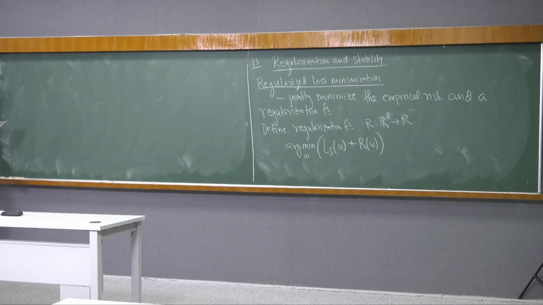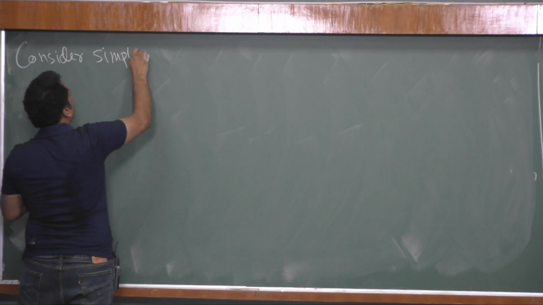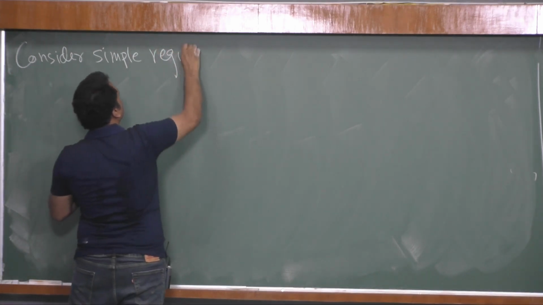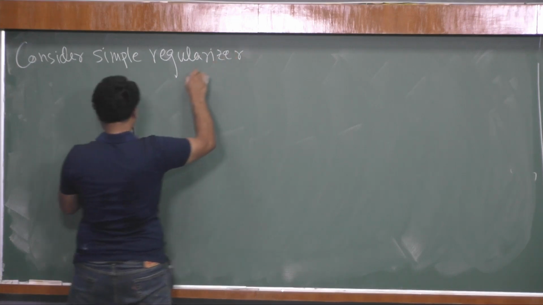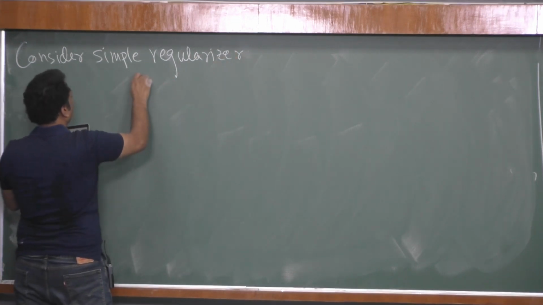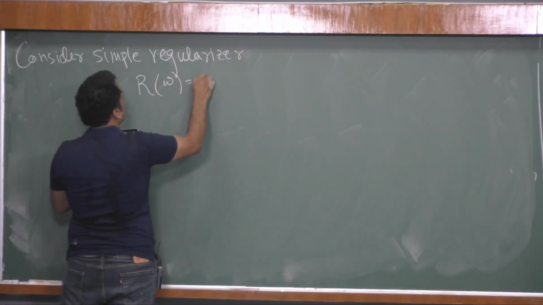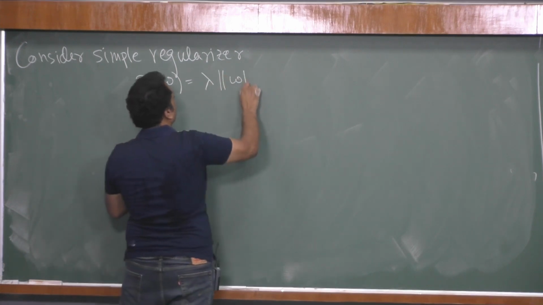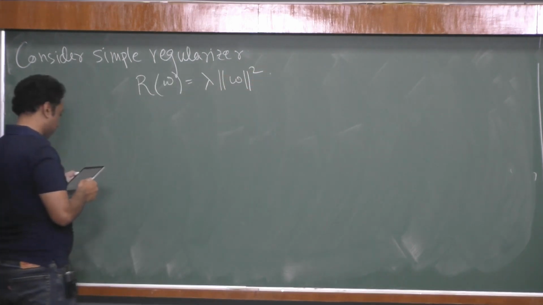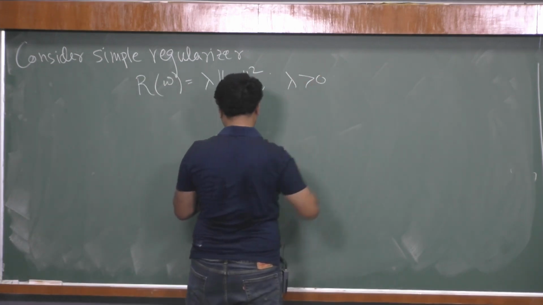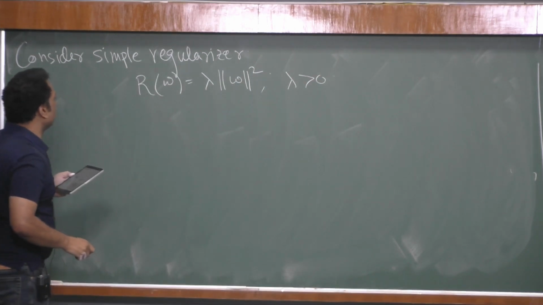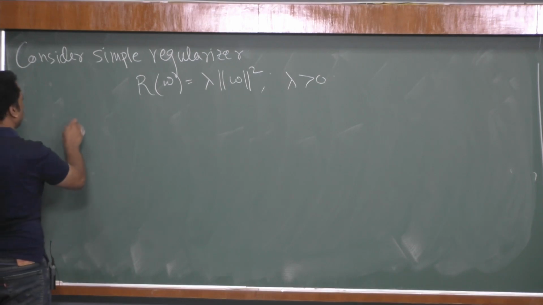Let us consider a simple regularizer, which in this case is R(w) equals lambda times norm w squared, where lambda greater than 0 is a scalar, and we are looking at the L2 norm.